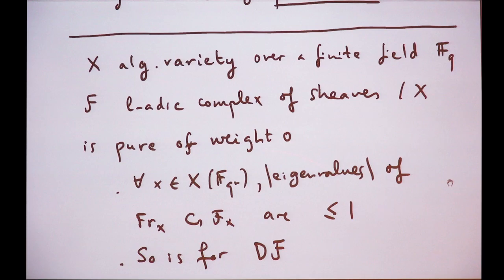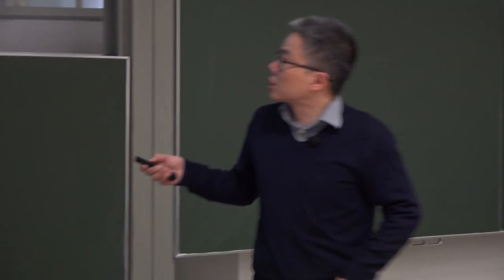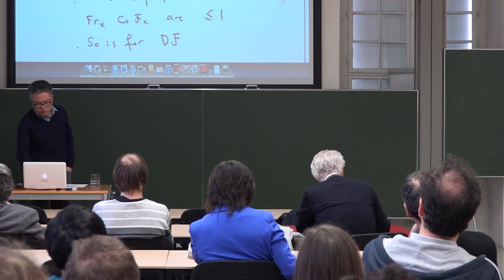It's very difficult to achieve this condition in general because you don't know what the duality of a sheaf is. But the dual of a perverse sheaf is a perverse sheaf. So perverse sheaves are made to behave very well with dualities, and in particular to give a large family of pure sheaves.